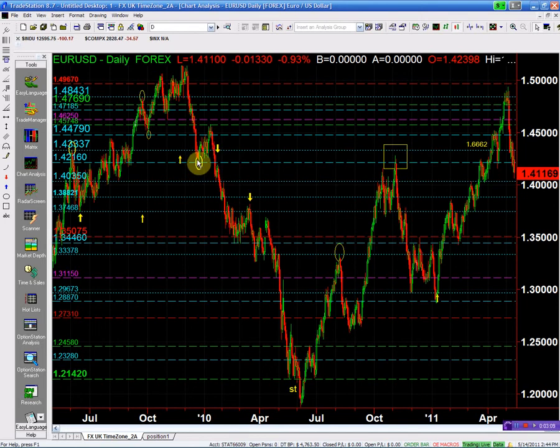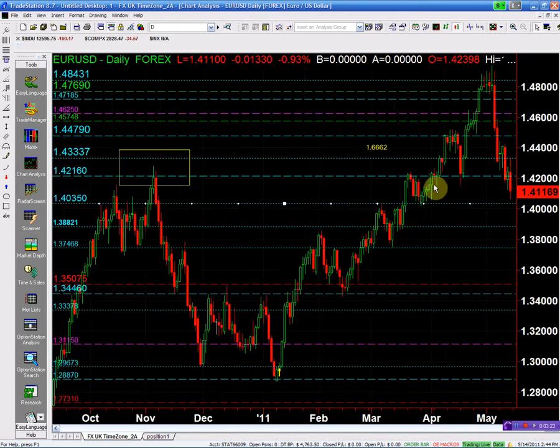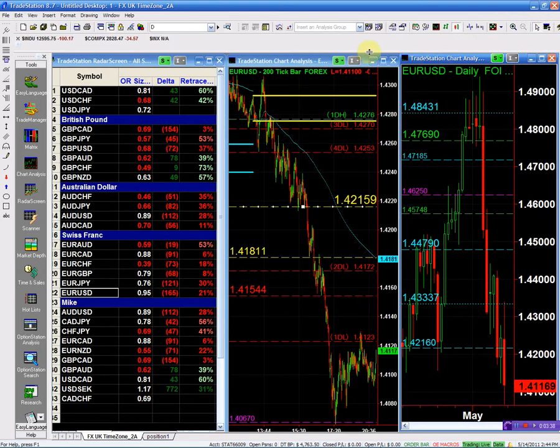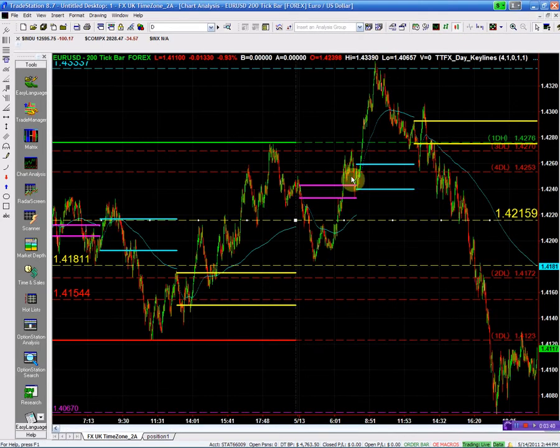This is a good structure point. And I have the 140.35. So let's see where we go. You can see the capitulation that came into the euro.